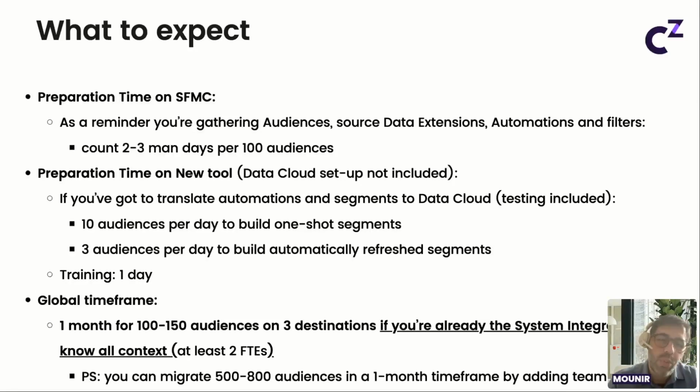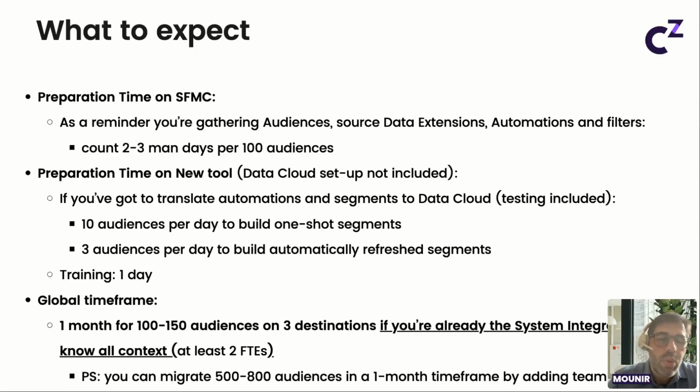But if you've got to create flows to refresh audiences automatically, maybe you can count, testing included, 3 audiences per day. And you've got to test this. You need to also keep one day for training the users. And as a global time frame, you can roll out everything in 1 month.